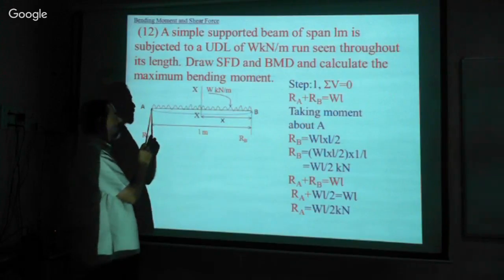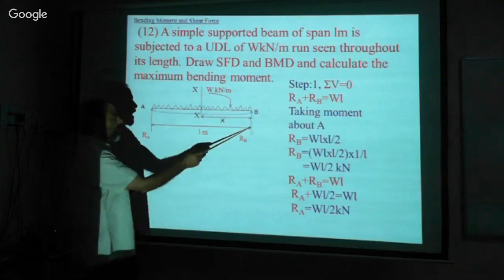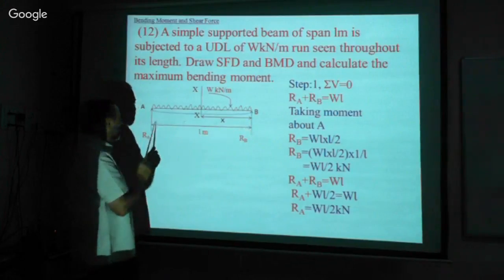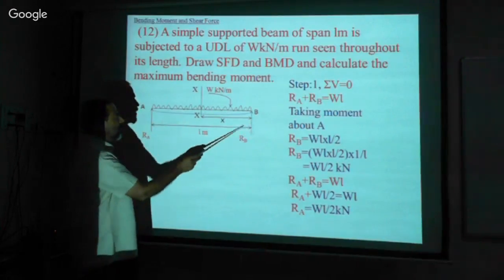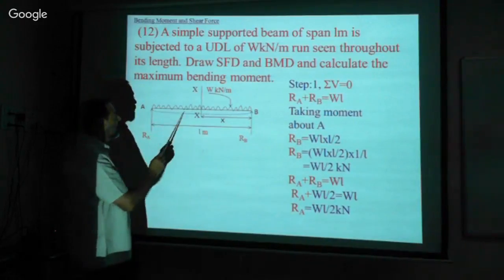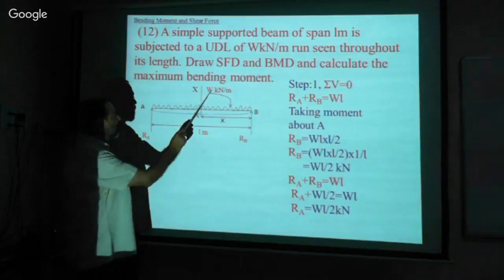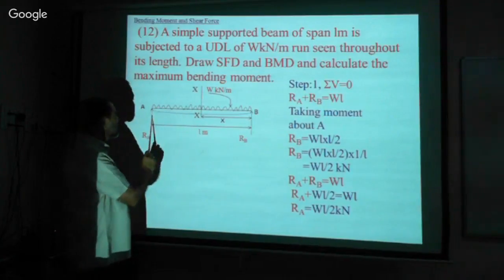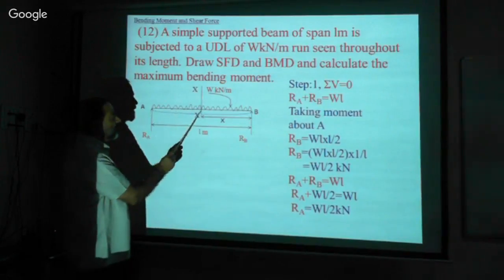Therefore, when you consider the moment about this point, RB into L minus WL at a distance L by 2.